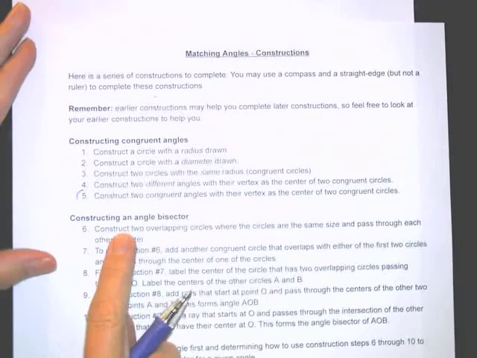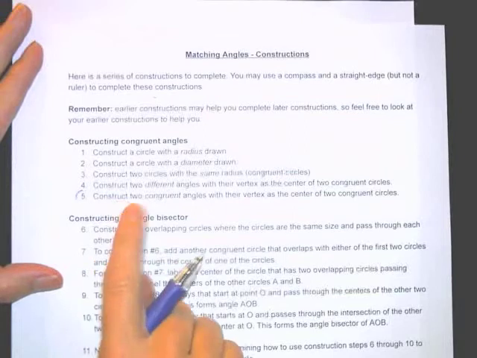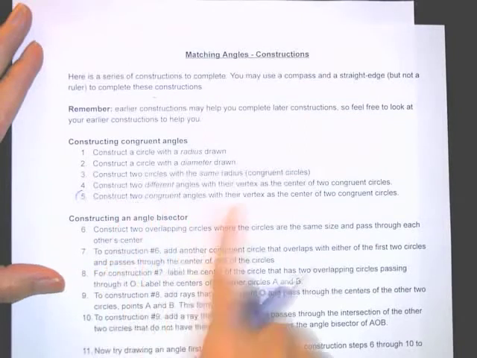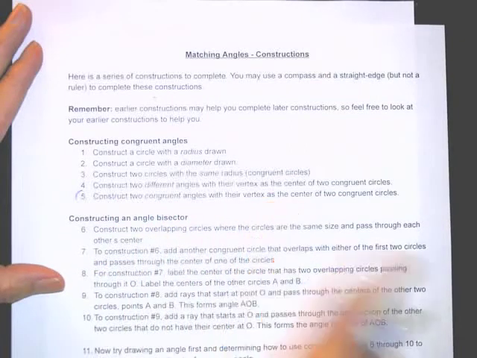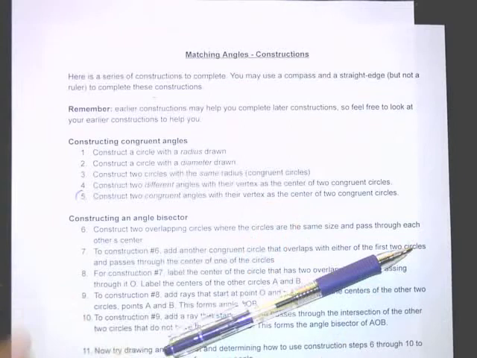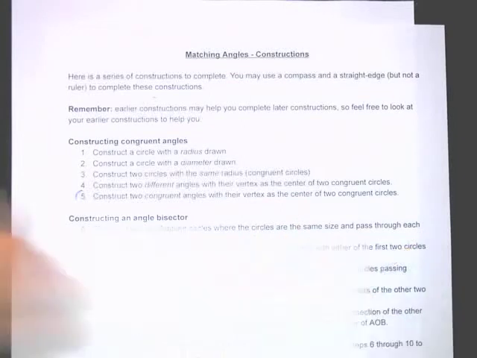Alright, so starting with construction 5, it says construct two congruent angles with their vertex as the center of two congruent circles. So before we start actually doing our constructions, let me just give you a picture of what it is that we're aiming for.